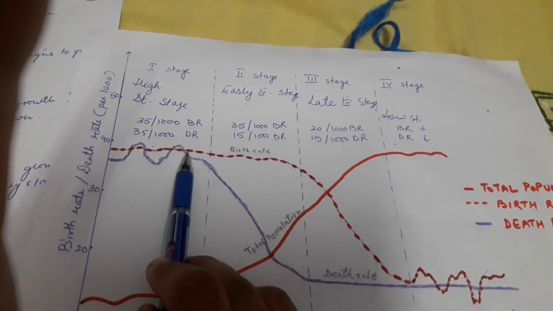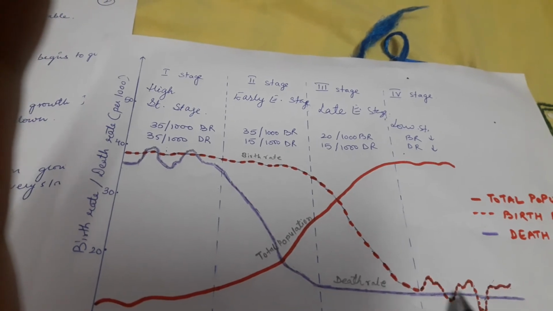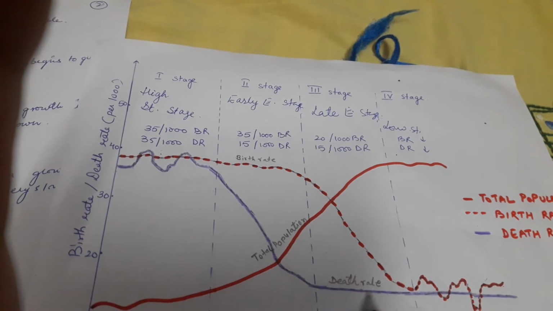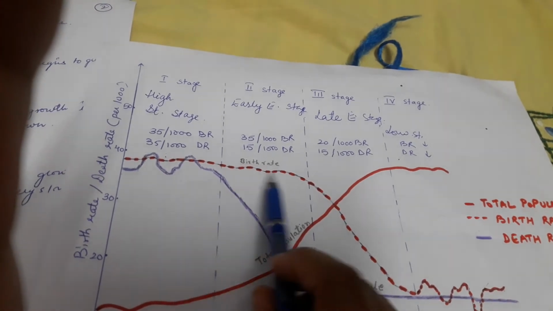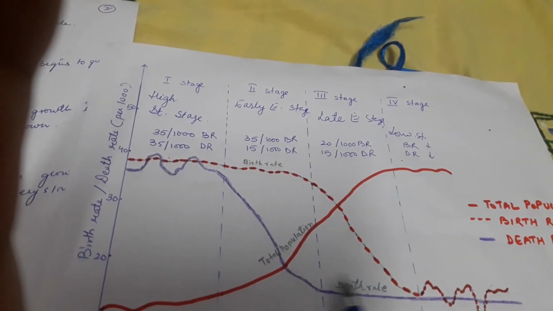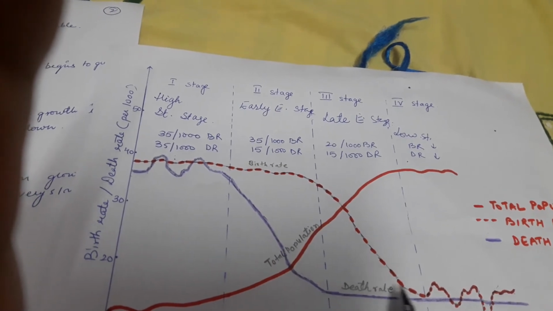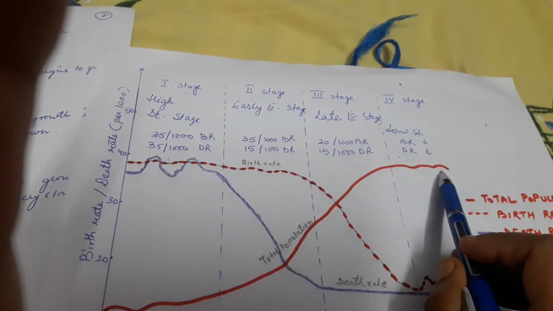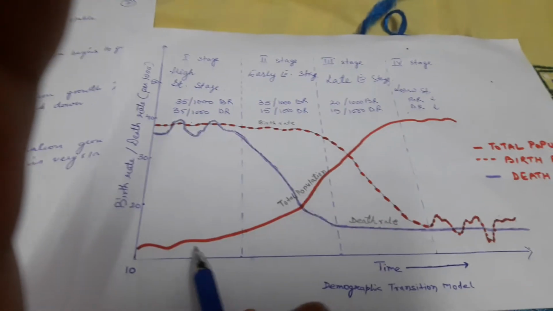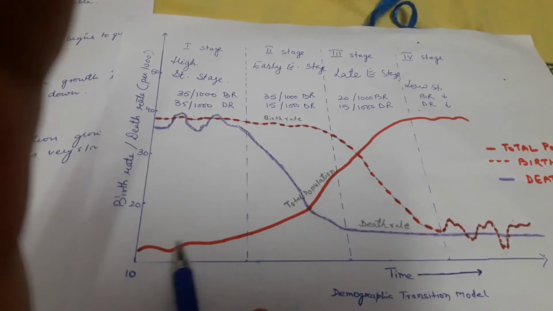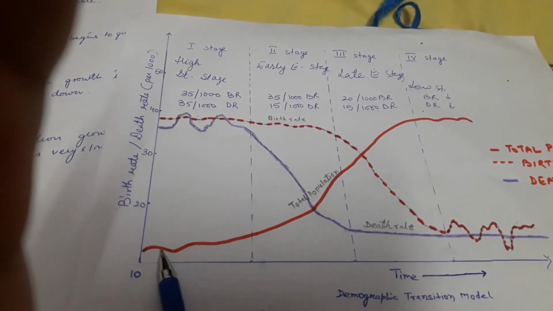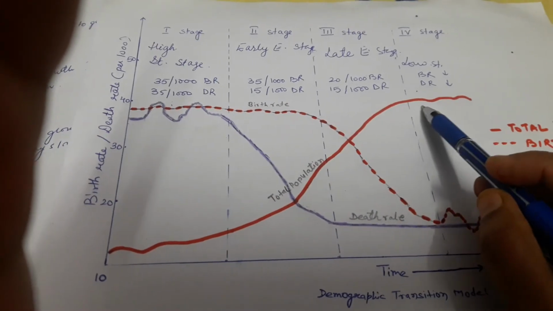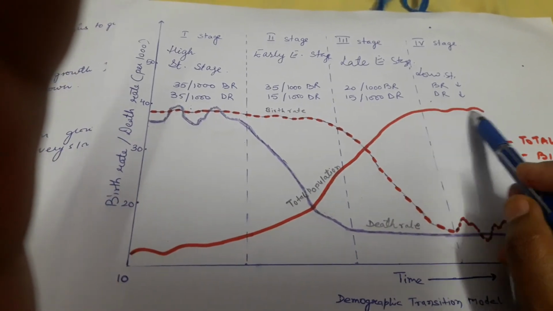Here it was stable, here it is stable, and this is the death rate which is becoming low and the birth rate is also becoming low, and because of this the population has stabilized. Here also it was stabilized because it's showing an almost straight line, and here also it is showing almost a straight line.